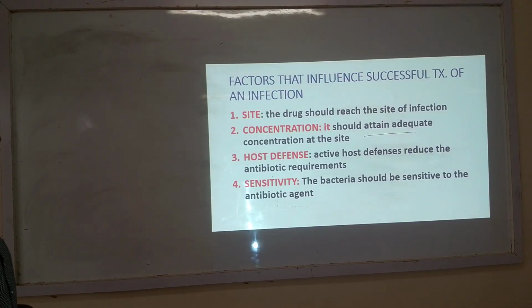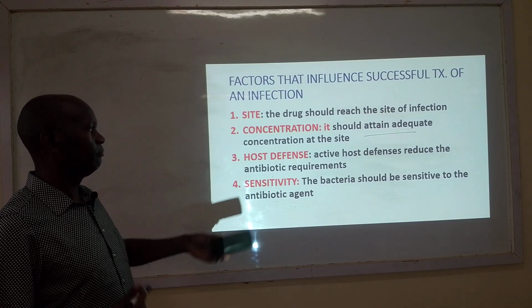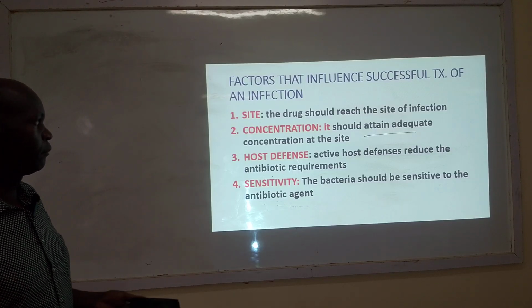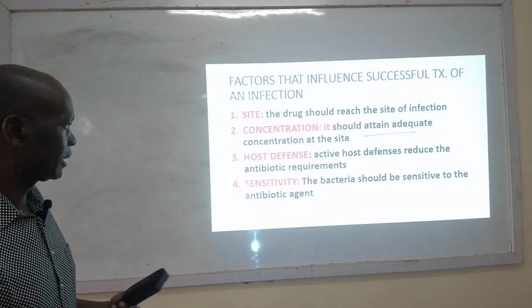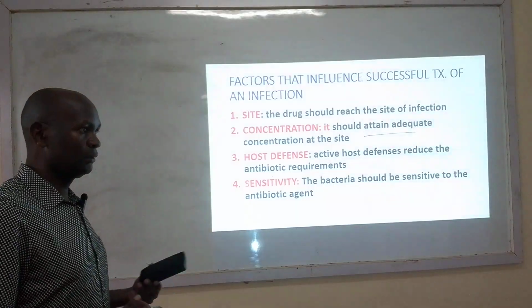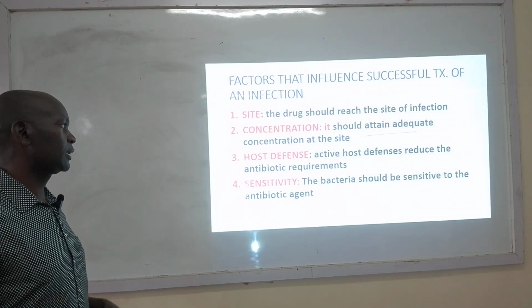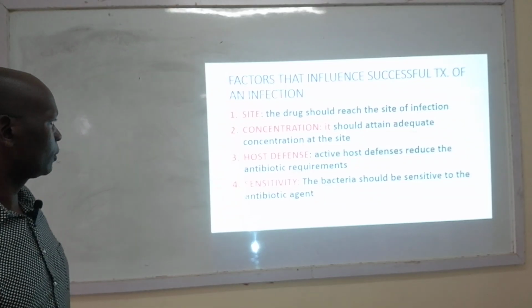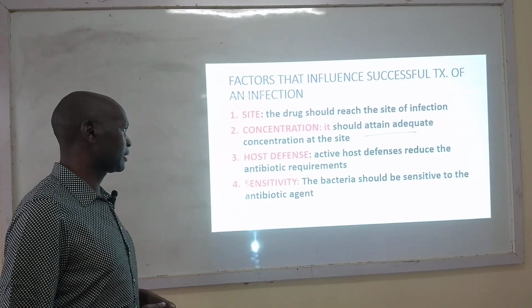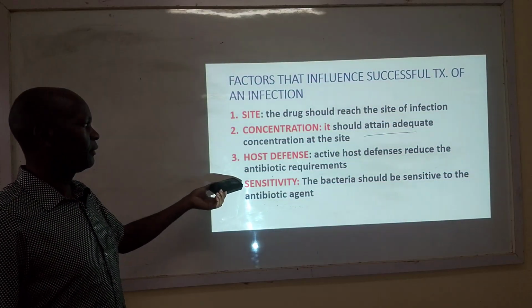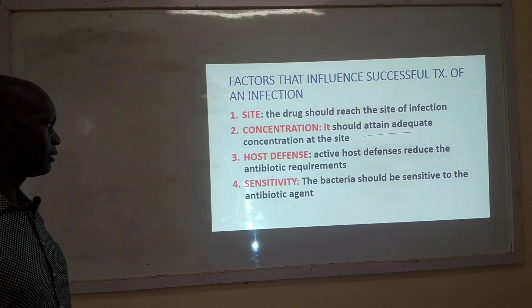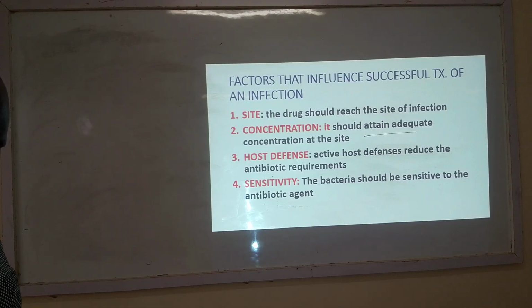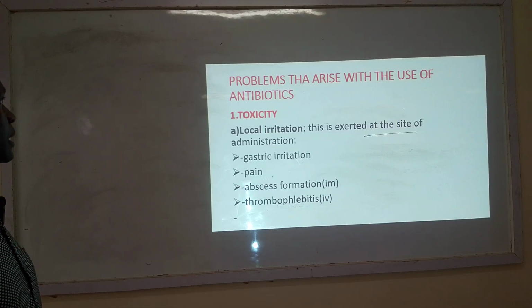Number 3, at least the patient should have a better defense mechanism, because if you have a better defense mechanism, then just a few doses of antibiotics and your body is able to counter the bacteria effectively. Then number 4, the bacteria must be sensitive to this antibiotic for you to succeed.